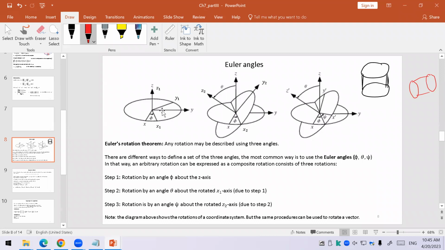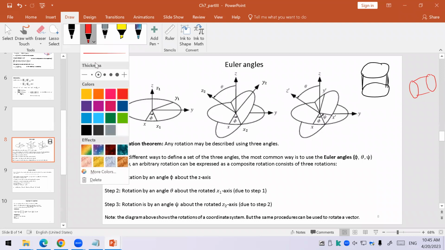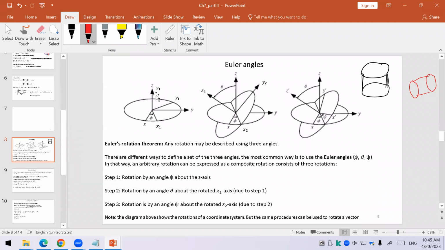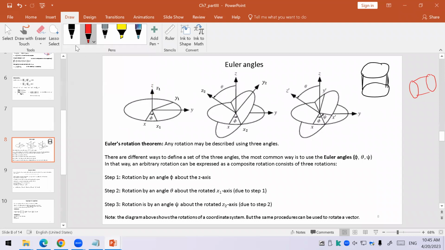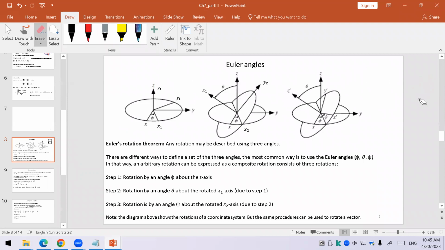So just consider these three pictures over here. Initially, let's say I have x, y, z coordinates. What I'm going to describe is rotation of a coordinate system, but you imagine that the same logic can be applied to rotation of a body, because we imagine that the coordinate system always follows the orientation of the body.